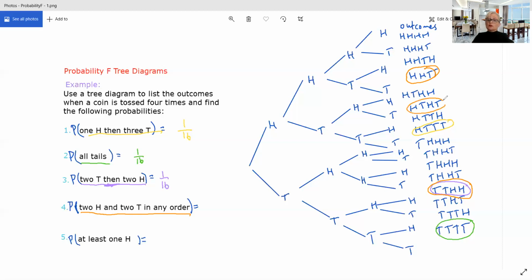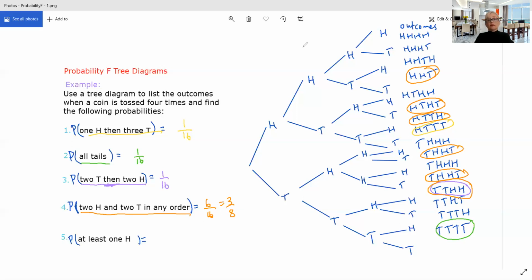That's got 2 heads and 2 tails. That's got 2 heads and 2 tails. So is that. So is that. So is this one. And no more. So 1, 2, 3, 4, 5, 6. So we've got 6 out of our 16, which is 3 on 8, have our 2 heads and 2 tails in any order.